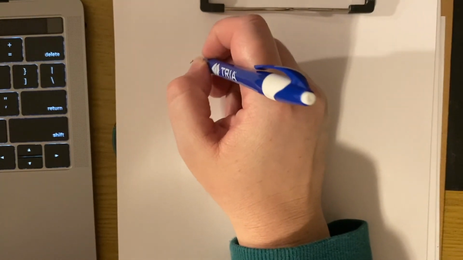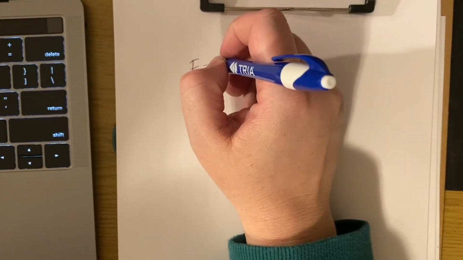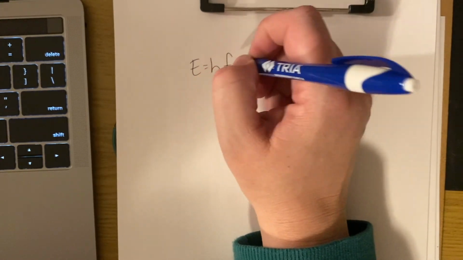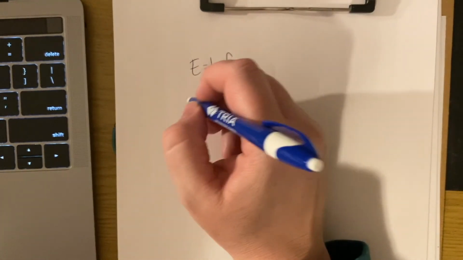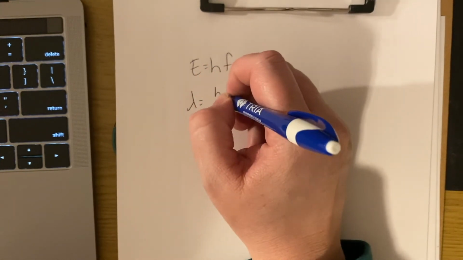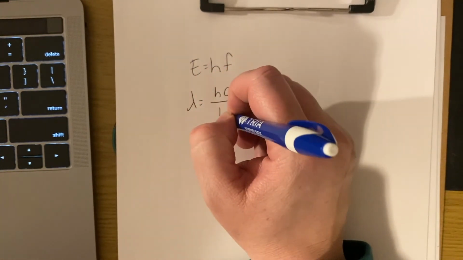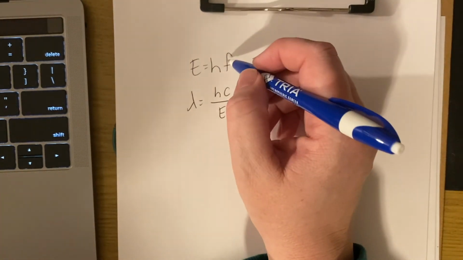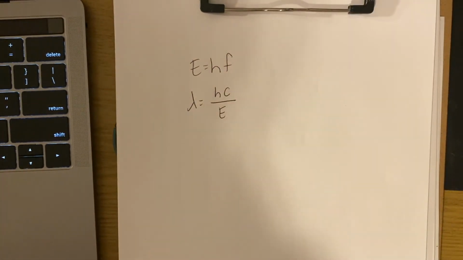The first equation is the one that we've been talking about, E equals h, or Planck's constant, times the frequency. The other one is that the wavelength is equal to h times c over E. And so these both can go back and forth like I did before. I took the frequency and then was able to calculate the wavelength. You can just stick them in here all in one shot if you like.